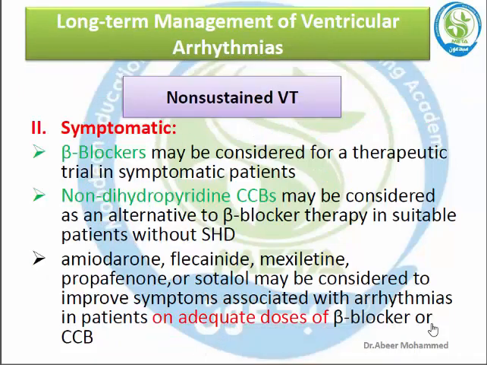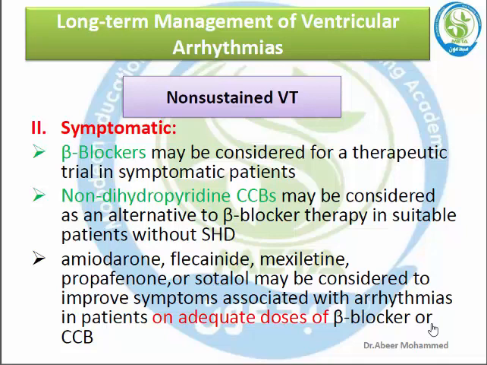In non-sustained ventricular tachycardia in a patient who comes with symptoms, the first choice is beta blockers. Cardioselective beta blockers like metoprolol and bisoprolol may be considered. Non-dihydropyridine, cardioselective calcium channel blockers, diltiazem and verapamil, may be considered if beta blocker is unsuitable, if the patient is without structural heart disease like valvular disease or even heart failure with reduced ejection fraction.